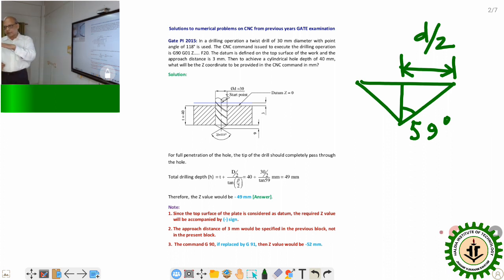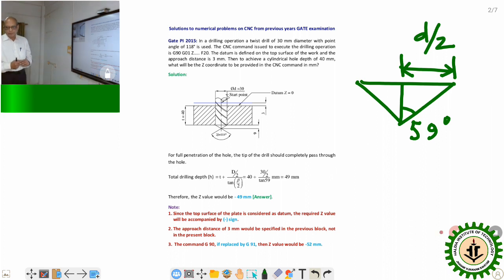Now you may consider that the tool is also moving in space by an additional 3 millimeter, but since Z is 0 at the top face and we are in G90 mode, our answer will be minus 49 millimeter.